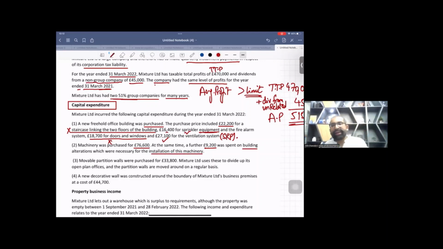When I teach, I give the example of IAS 16. As the machinery is plant and machinery, the alteration needed to fix the machinery is also part of plant and machinery. Like in IAS 16, remember we capitalize installation cost. So yes, these two things will be part of plant and machinery.